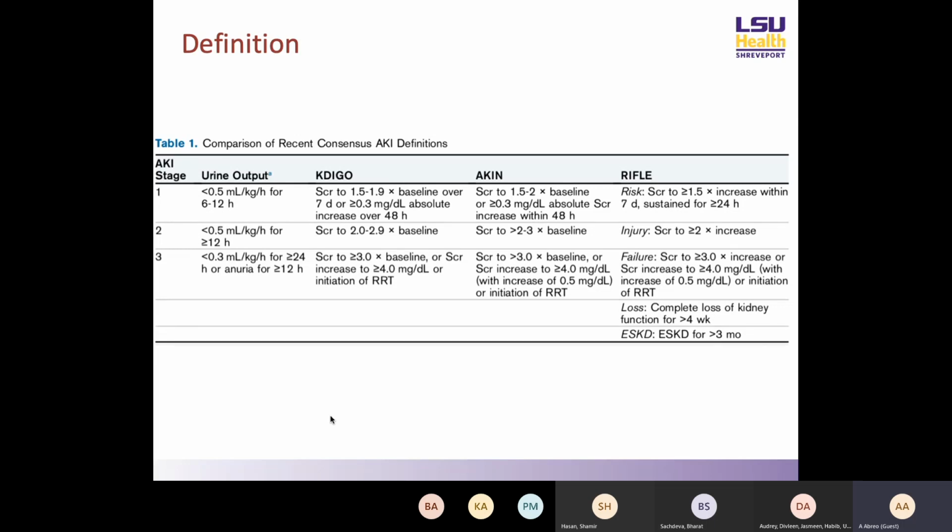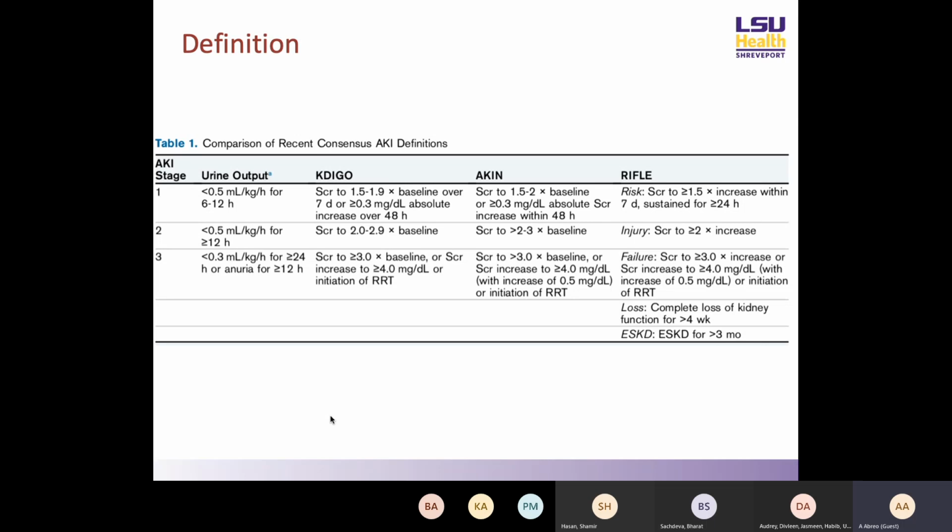So KDIGO: serum creatinine 1.5 to 1.9 times baseline over 7 days, or greater than or equal to a 0.3 milligram per deciliter increase in 48 hours, is considered AKI stage 1. For almost all of these definitions, when you get that absolute increase of 0.3, then typically you're dealing with an AKI, especially if the overall presentation is suggestive of that.